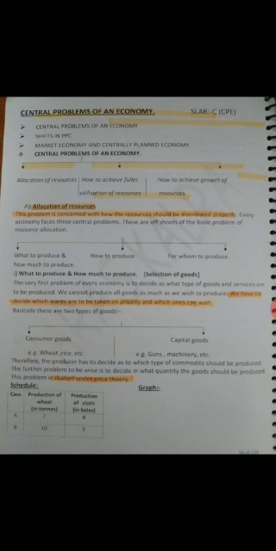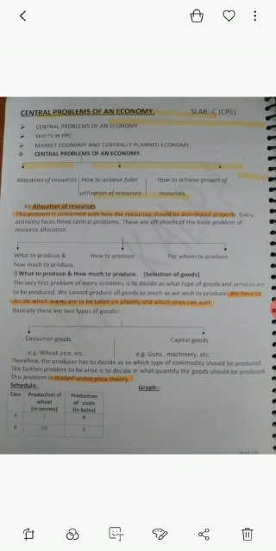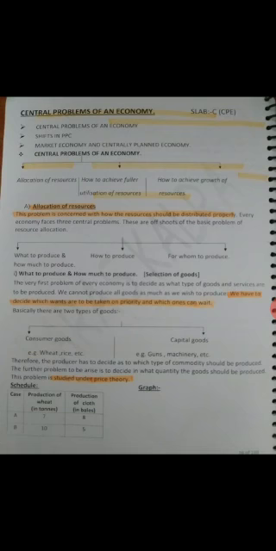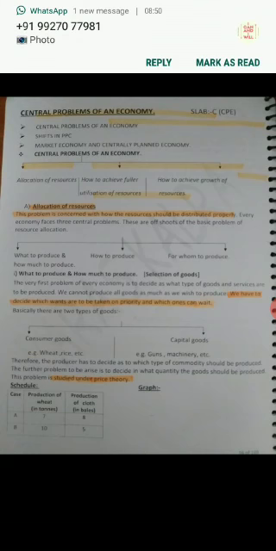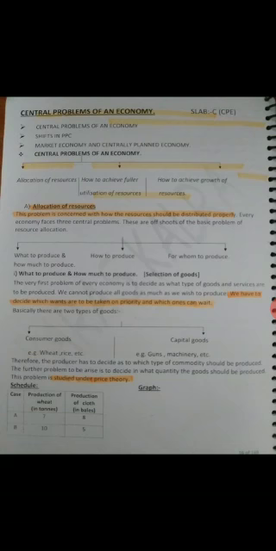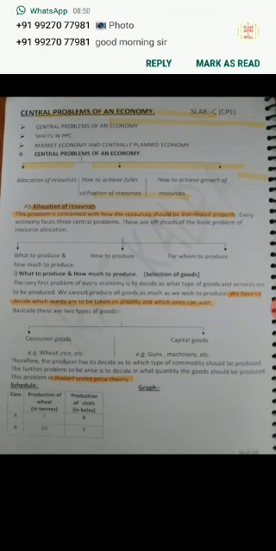So broadly, these goods can be divided into two groups. One, consumer goods, and the other, capital goods. Consumer goods means those which are directly consumed.